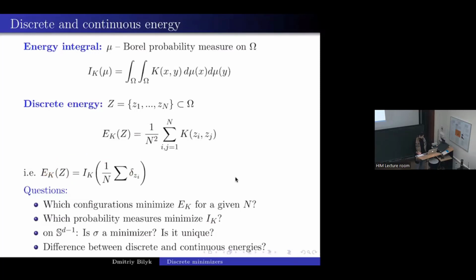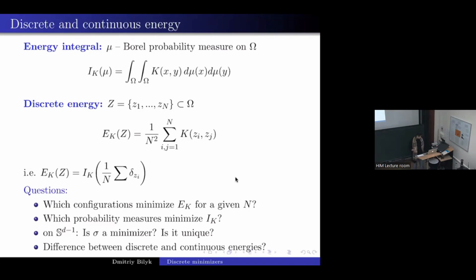It's just the energy integral applied to the empirical measure. Of course, very often when you consider discrete energies, if n is fixed, you drop the diagonal terms because they give the same contribution. Then you can also talk about singular kernels without any problems in the definition. Any questions? By the way, feel free to stop me if there are any questions.